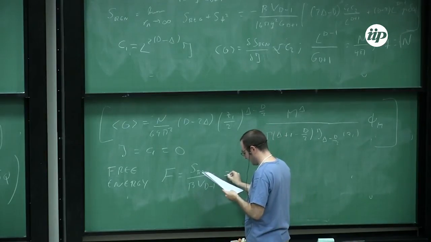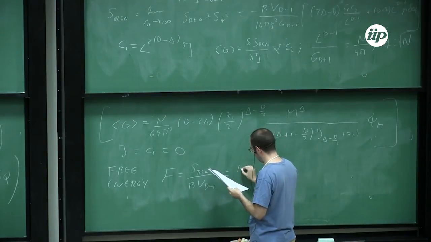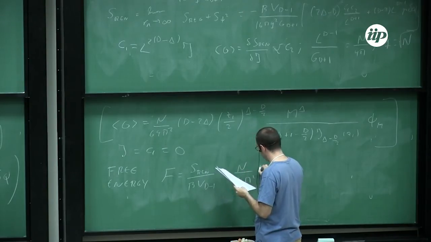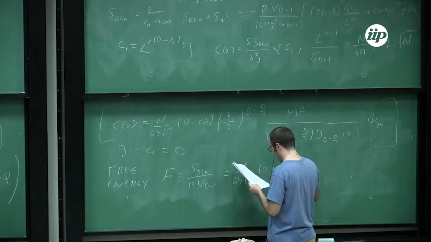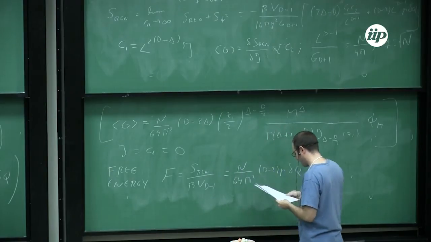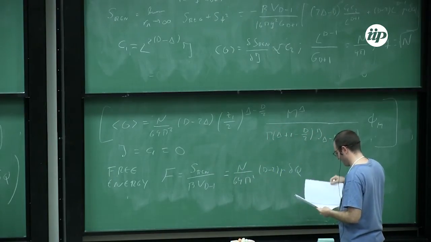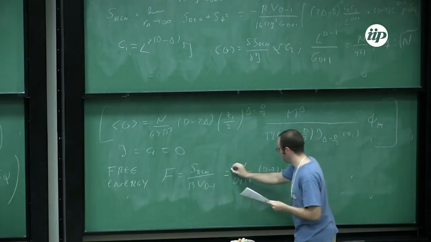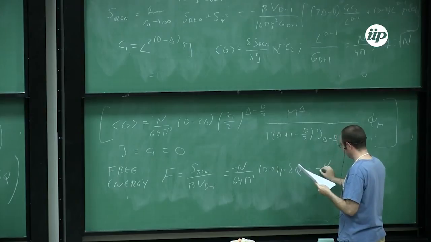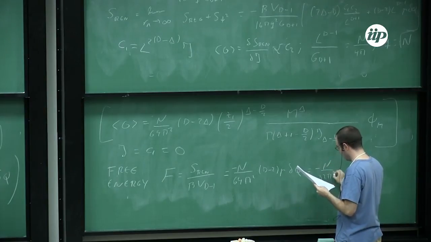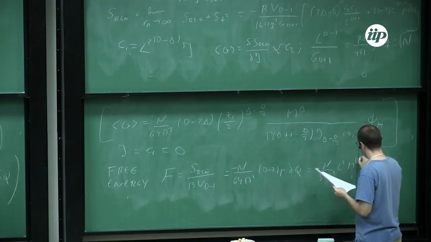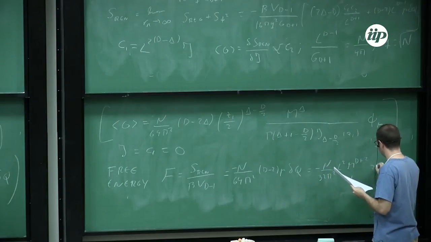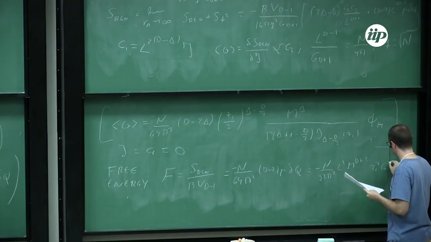So this is given by n over 64 pi squared (d minus 2) mu delta q, and so there is a minus here, minus n over 32 pi squared L squared m (d plus 2) Z1 squared g Z1 phi m squared.